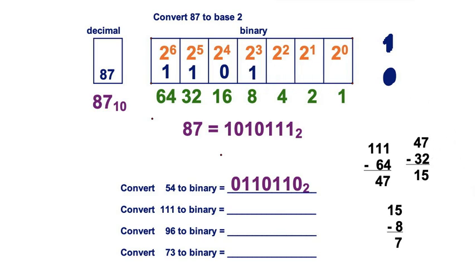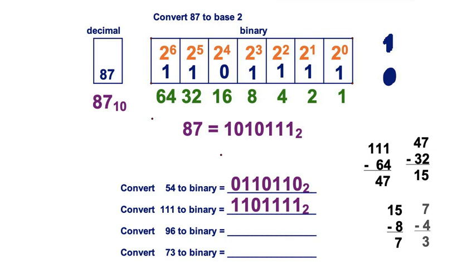If I've got an 8, and then I've got 7 left over. The 7 contains a 4, which is made up of a 4 and a 2 and a 1. So there is your number 111 in binary. So let's see, do I have it set up? There it is. Glad I got that worked out.